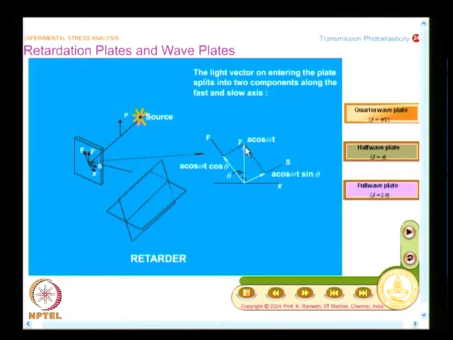So, for one beam within the model I will have two rays, and if you watch it very carefully, whatever is the thickness is expanded as two planes. I have one plane coinciding with the fast axis, another plane coinciding with the slow axis, and let us see what happens.